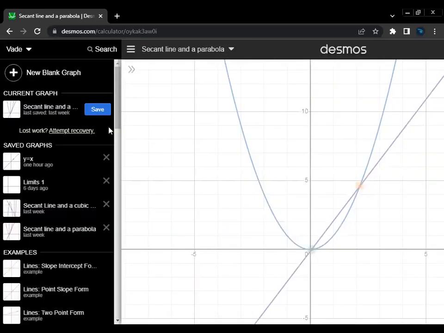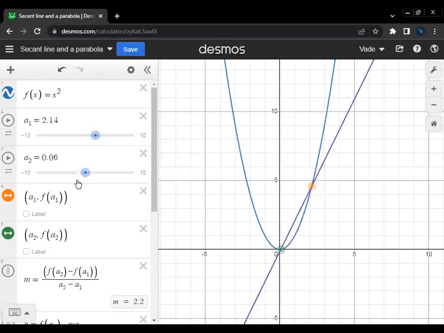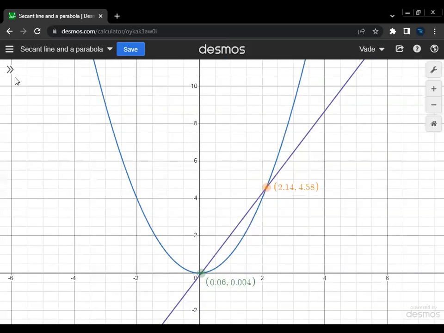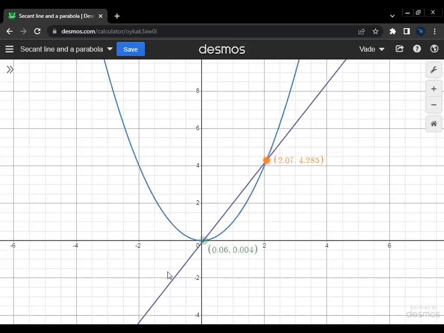Let me put the labels, the coordinates of the yellow point and the green point. So let's find the slope. With this purple line, I want to find the slope at each point of the curve.